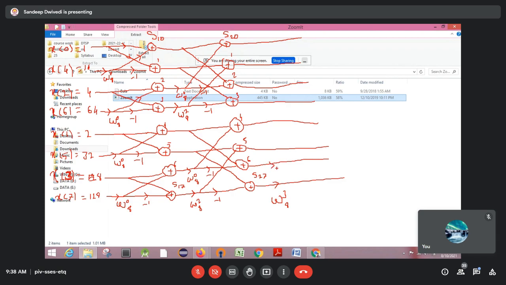Here it will be W suffix 8 raised to power 2. 8 is because it is an 8-point DFT. Then W suffix 8 raised to power 1, and then W suffix 8 raised to power 0. Above, skip 4 lines, and here along with the W you need to write the -1 also.